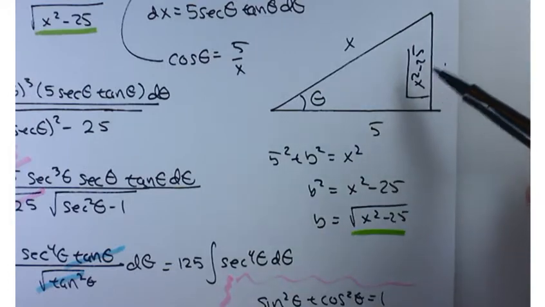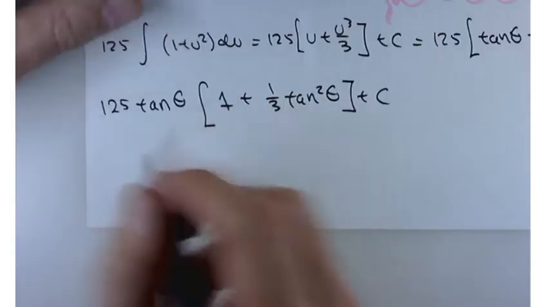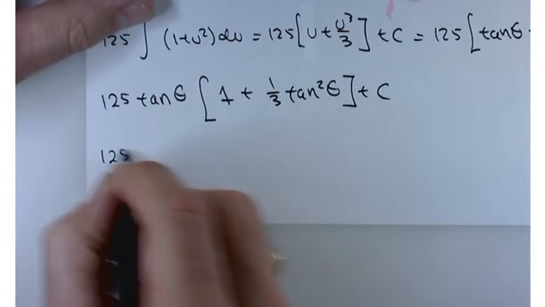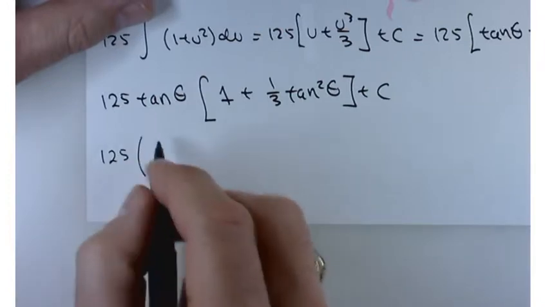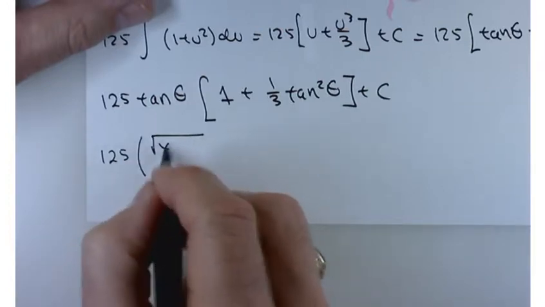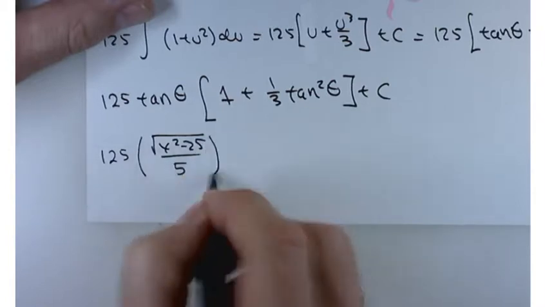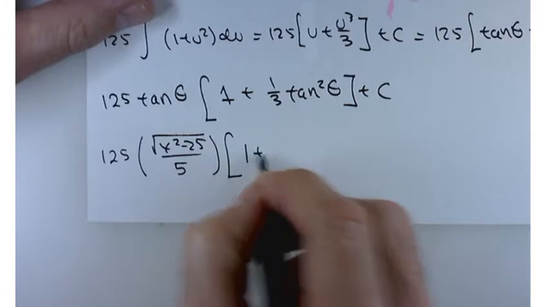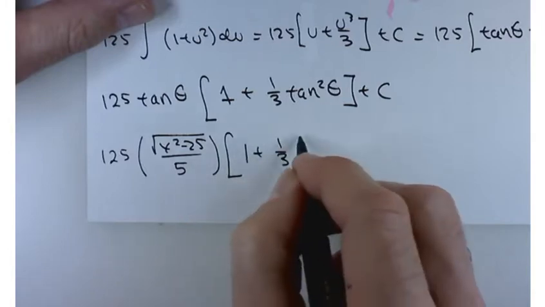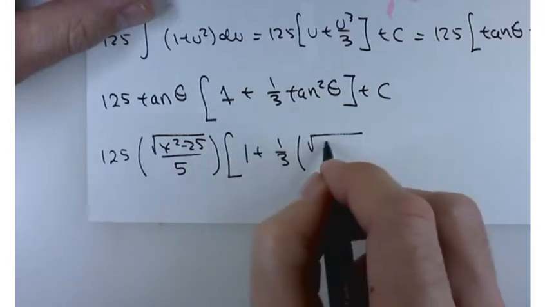So let's put that in all the right places. That's going to be the square root of x squared minus 25 over 5 times 1 plus 1/3 times the square root of x squared minus 25 over 5 squared.